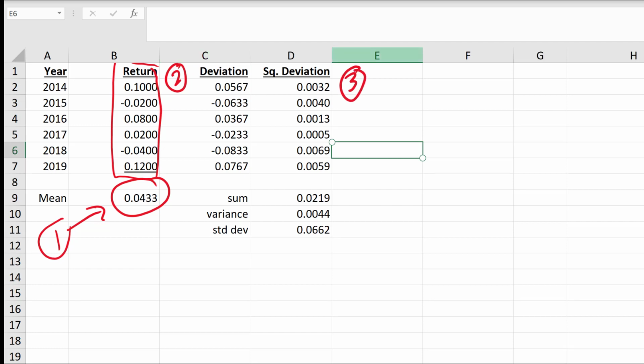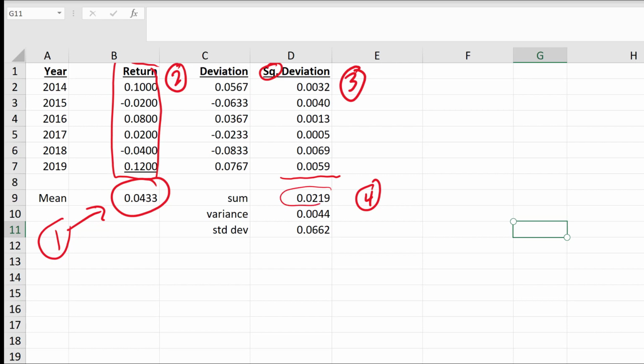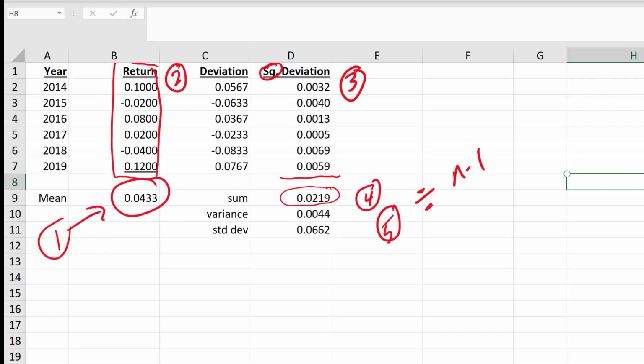Third, we squared the deviations, so we took column C, squared it, and that gave us column D. Fourth, we summed the squared deviations to get this number, and then finally, fifth, we divided by n minus 1, which gives us something that looks like an average squared deviation from the mean.